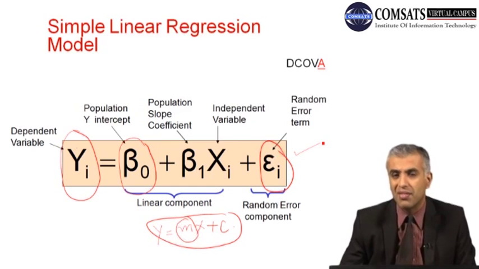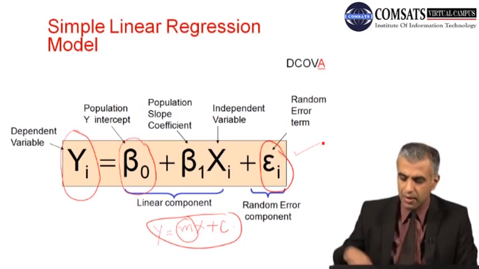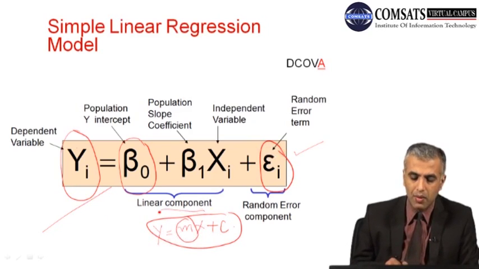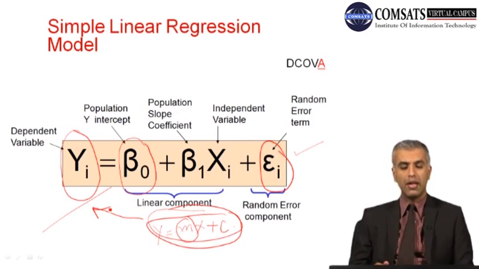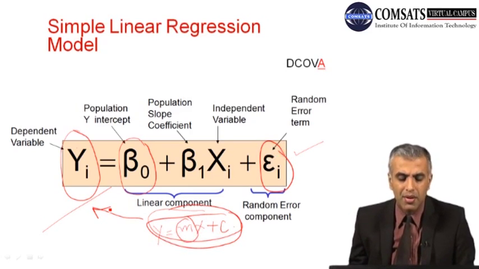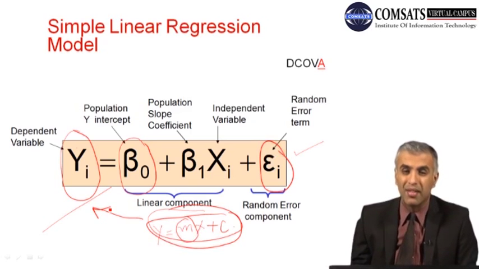If you remember from your earlier grades of education, we used to draw a line, and this equation, y is equal to mx plus c, used to represent that specific line's coordinates. Same here, we are trying to establish a model, and in that model we are drawing this line based on the equation which is displayed here.